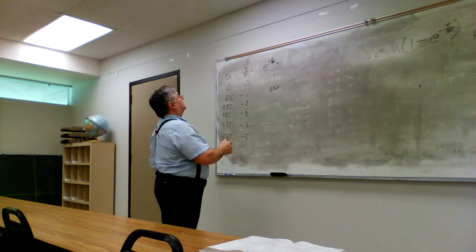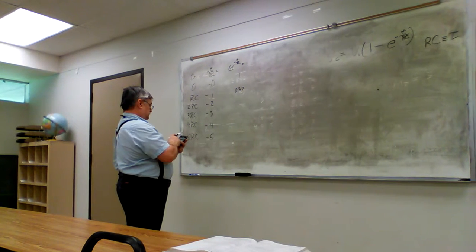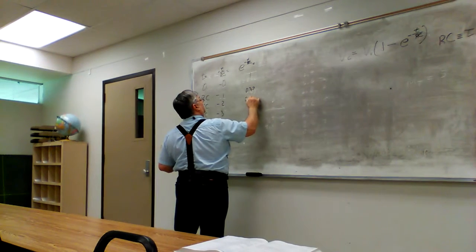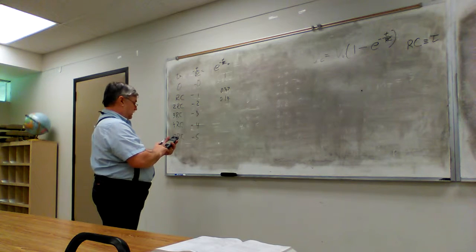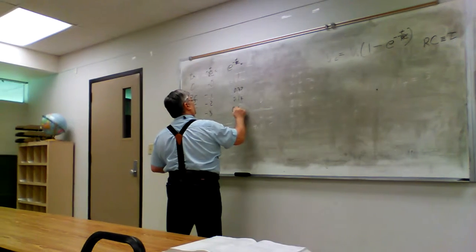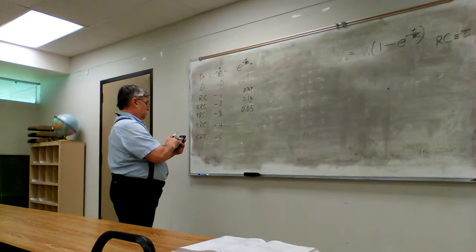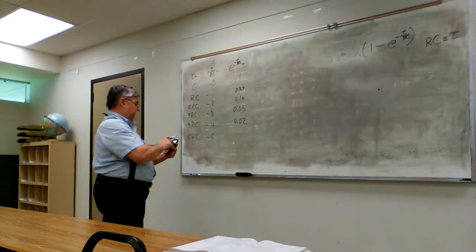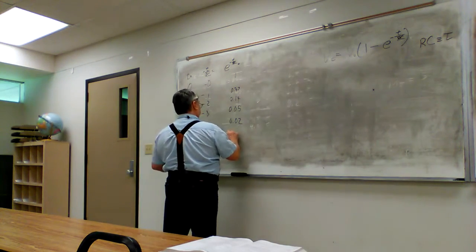At 2 time constants, e to the minus 2 is 0.14. Now, e to the minus 3 is 0.05. E to the minus 4, and e to the minus 5 is 0.01. Yep.